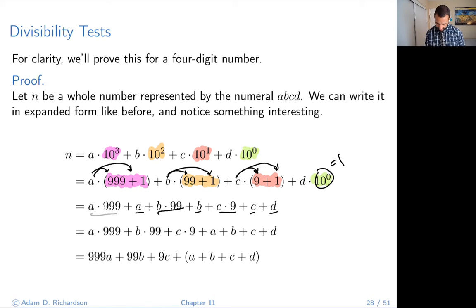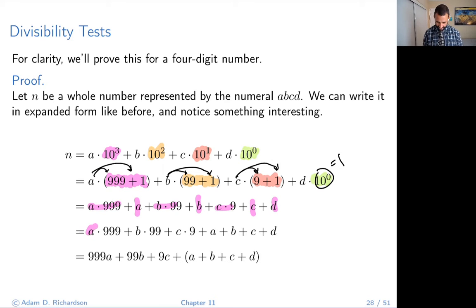All right, so now look at what we've got here. Get my little highlighter out again. So we've got A times 99, B times 99, C times 9, and then we have a bunch of these individuals right here. So I'm just going to use the commutative property of addition, shifting these quantities around physically in my mind. And I'm going to put all of the multiples of 9 over here.